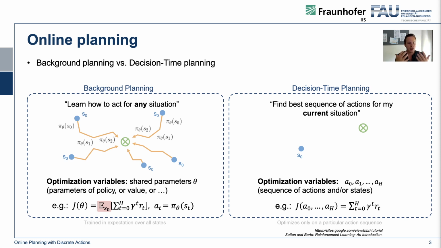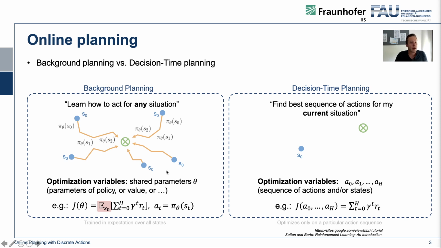In other words, planning has played a major role in improving all table entries. So I tried to better estimate a Q function or a value function, where this S_t here or S_0 is just one out of many. And we never really focused on the current situation our agent currently faces under deployment.